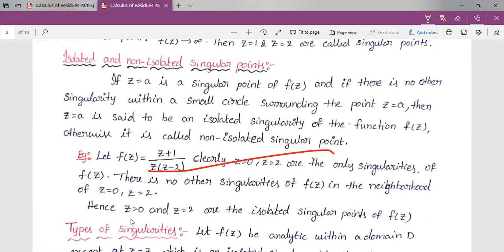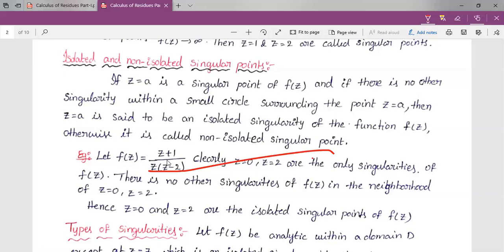So hence z equal to 0 and z equal to 2 are the isolated singular points of f of z. When we substitute z equal to 0, our function is not analytic. And also when we substitute z equal to 2, f of z is not analytic. So these are the singular points of f of z.